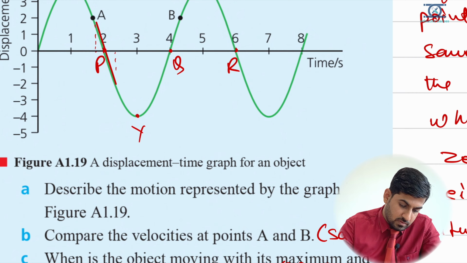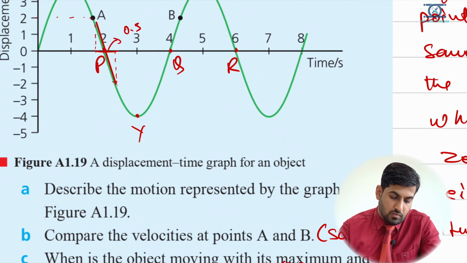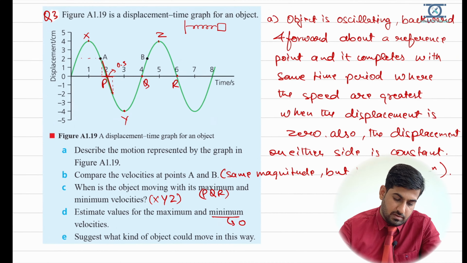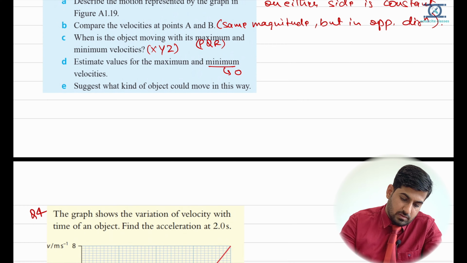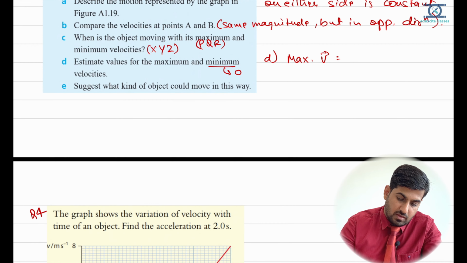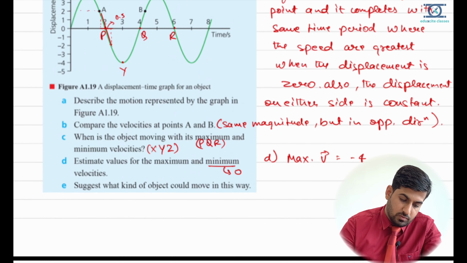So this displacement is 0.5, right, and this is 2. So 2 and this is minus 2. So we can say this is 4 divided by 0.5, right? So the maximum velocity is the gradient, which is final minus initial, 2 minus (minus 2).